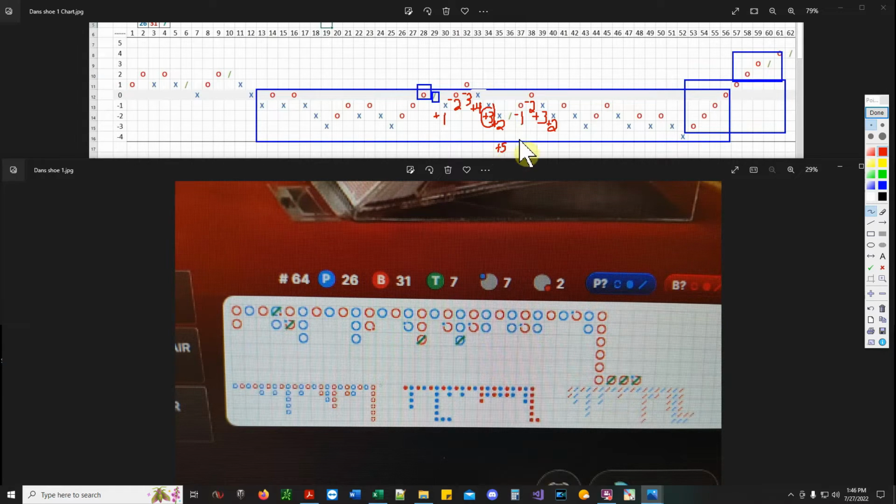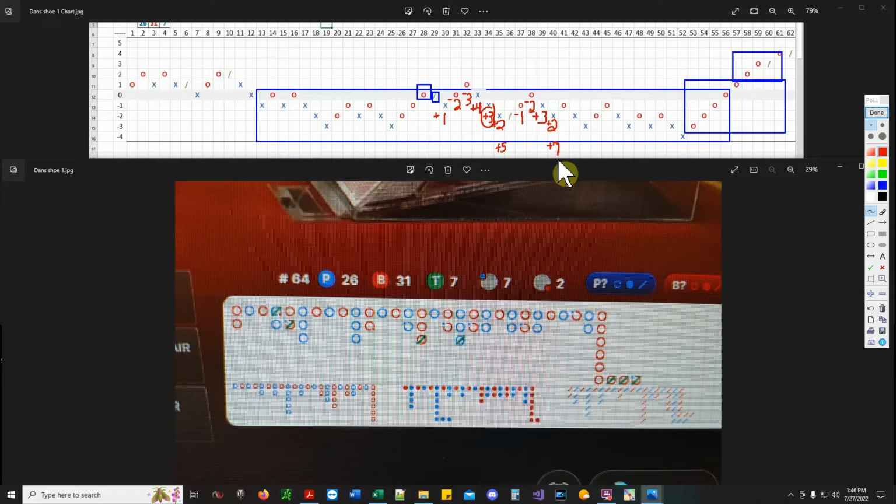So we had +5, +4, +2, +5, +6, +7. Right here, we're at +7. Now, how many units you want to lock up depends on you.